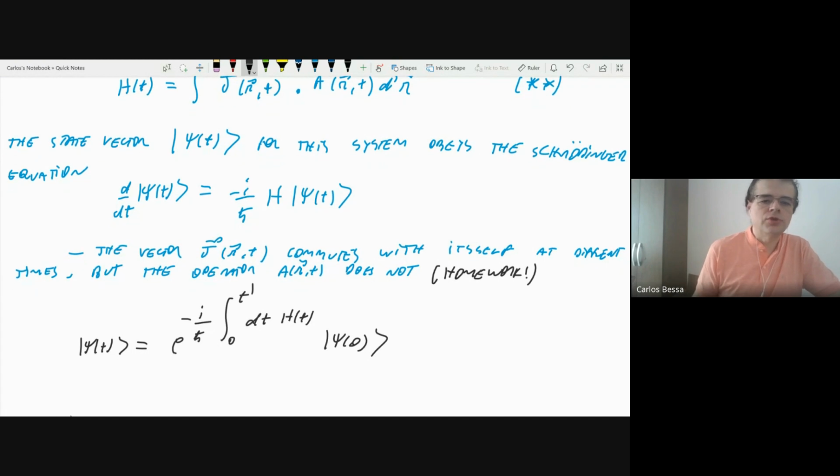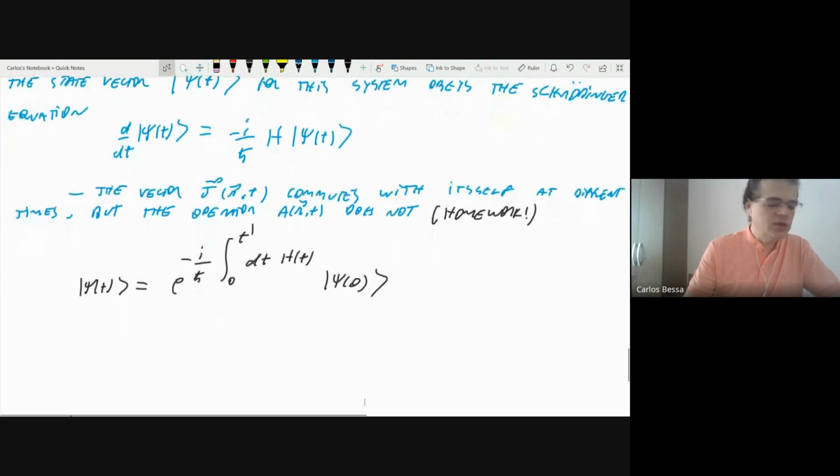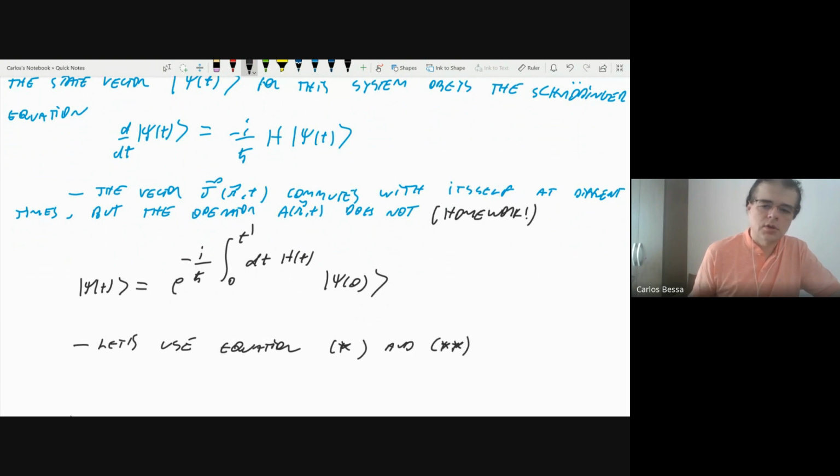And we don't know how to solve this integral because we don't know the form of J. But it doesn't matter here, you see. So we can simplify this and use some properties of the commutators. So let's use the equations that I call star and 3 stars to simplify the integral.